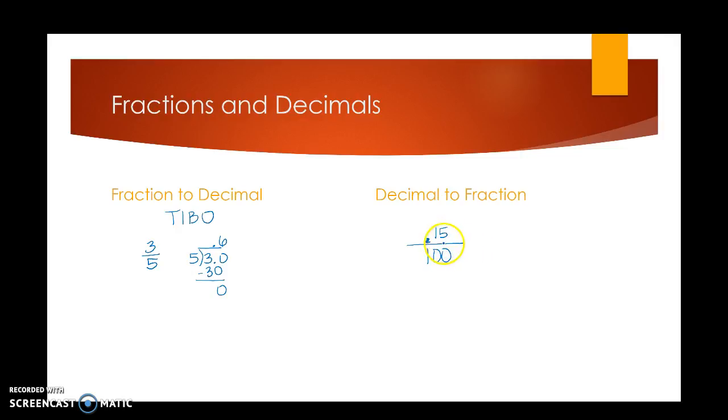So 0.15 becomes 15/100. Then all you have to do is simplify. So I know that they're both divisible by 5. So if I divide by 5/5, I get 3/20. And that would be an equivalent fraction for 0.15.